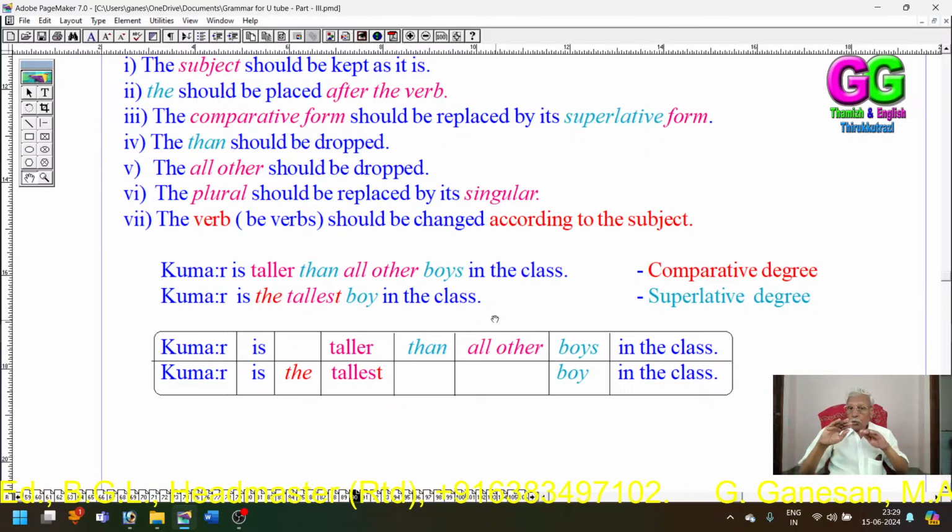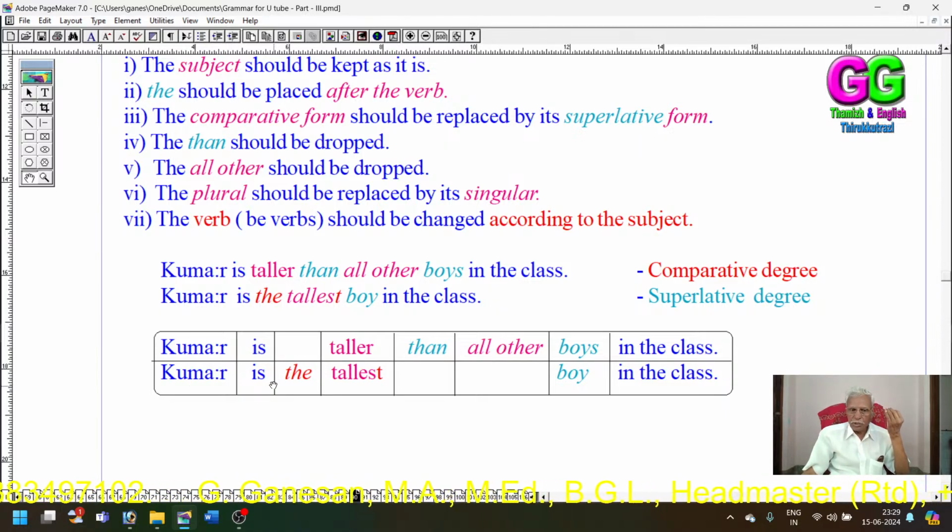But when we interchange comparative into positive or superlative into positive, there would be a change in the subject as well as in the complement. When we interchange comparative into superlative or superlative into comparative, the subject is the same. So here Kumar, the subject, has no change.